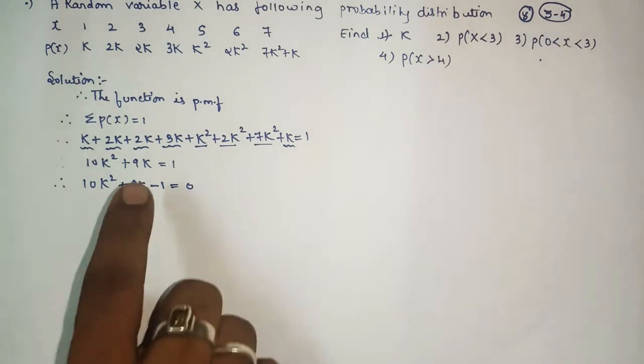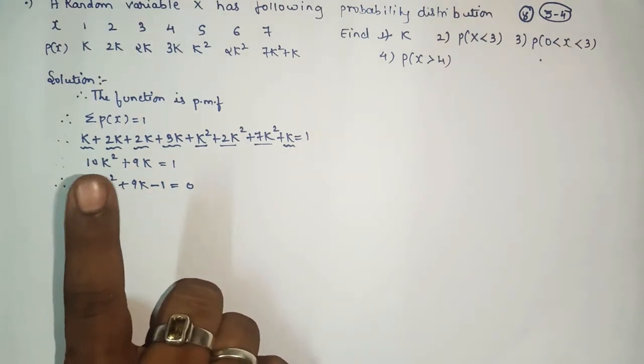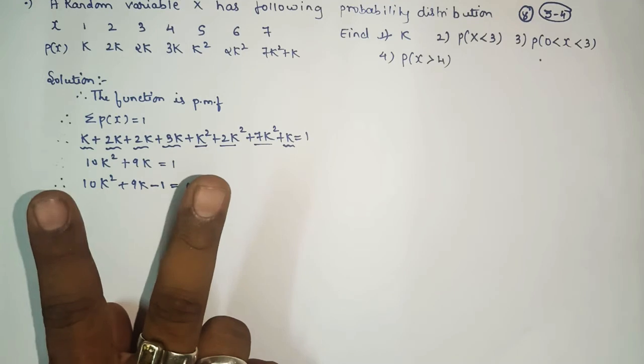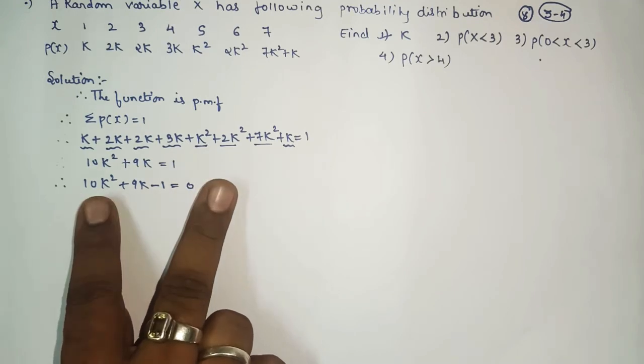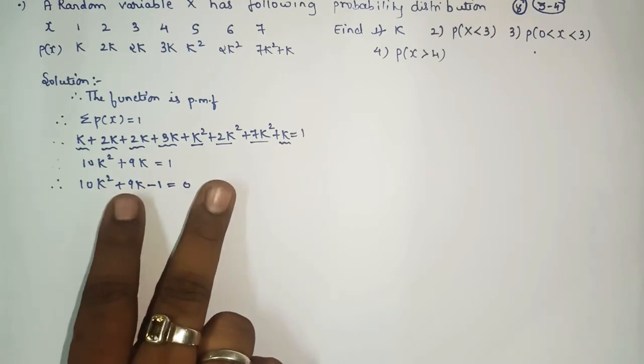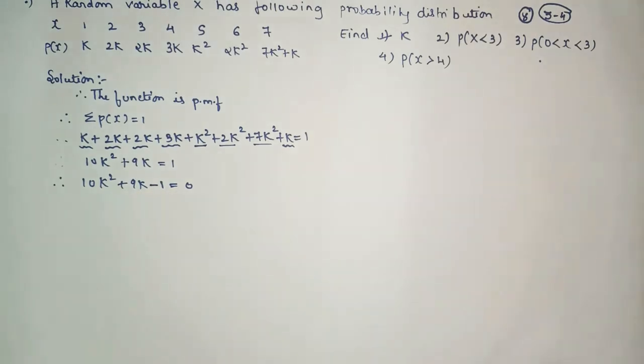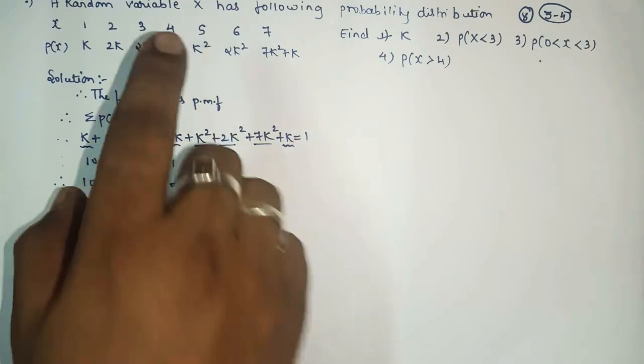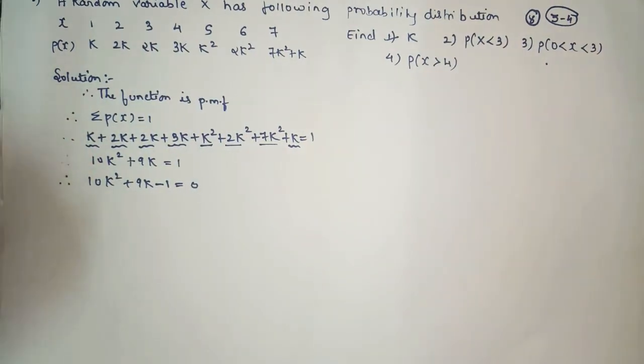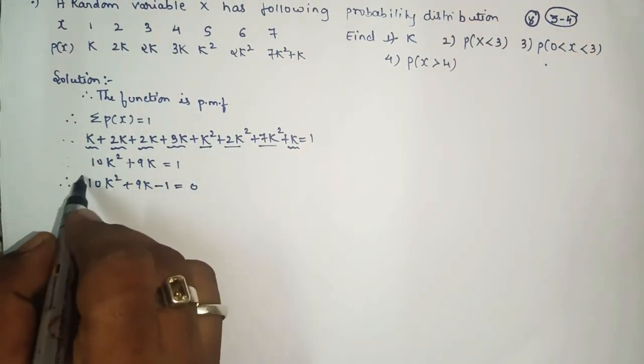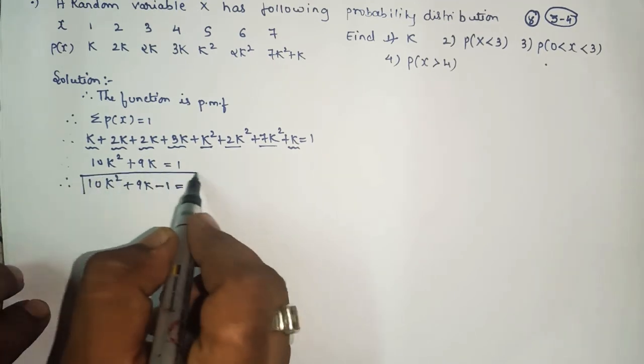But remember, when you solve the quadratic equation, you will get two values of k. Out of two, only one value of k will satisfy this probability distribution. So now we have to check which value satisfies the probability distribution. So let's move on. As here we got a quadratic equation.